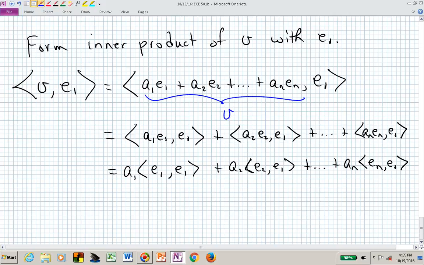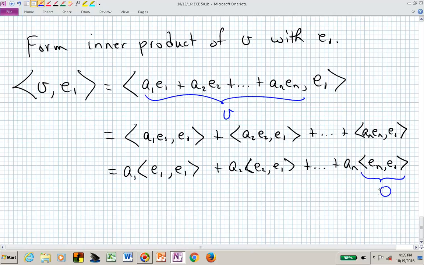And what we want to do now is simply pull in the facts of these vectors that formed an orthonormal list. What do we know if we take the inner product of e sub n with e1?